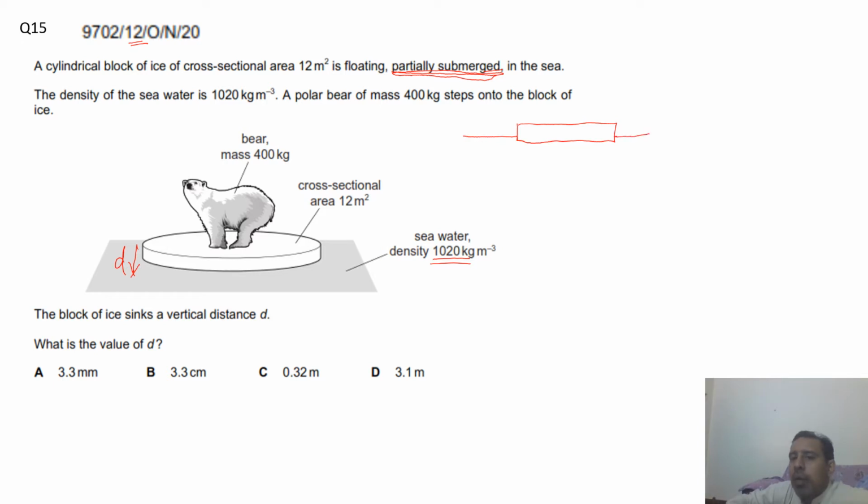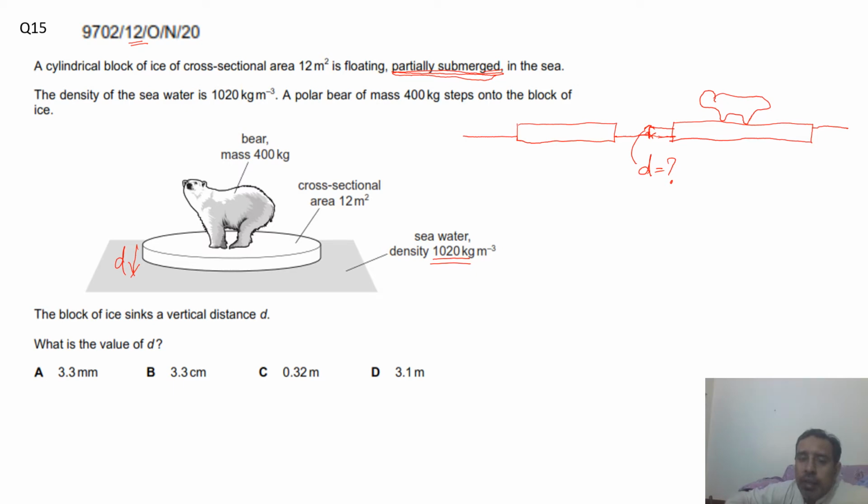But when we have a bear on it, it is submerged up to this point. Initially, it was submerged up to this level. Now you have to get this distance. This is called D. This is required.